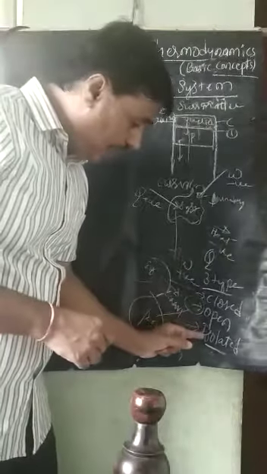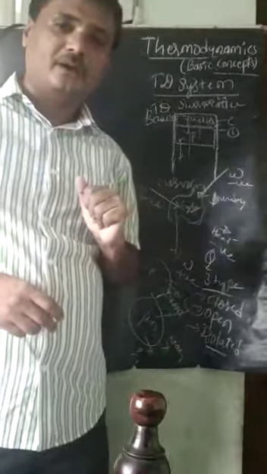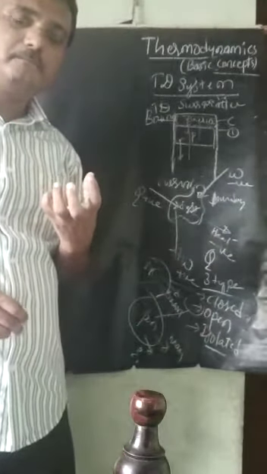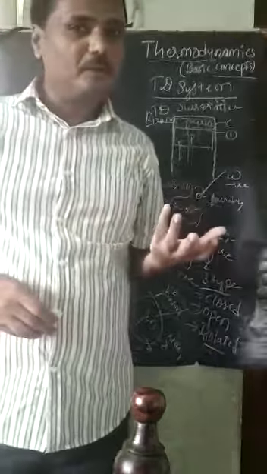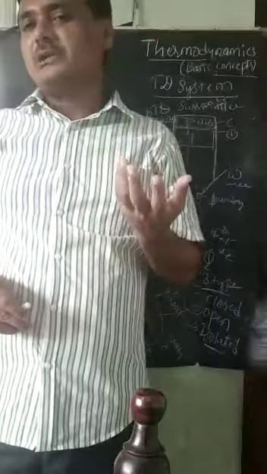Next is the isolated system. In an isolated system, neither mass nor energy crosses the boundary.